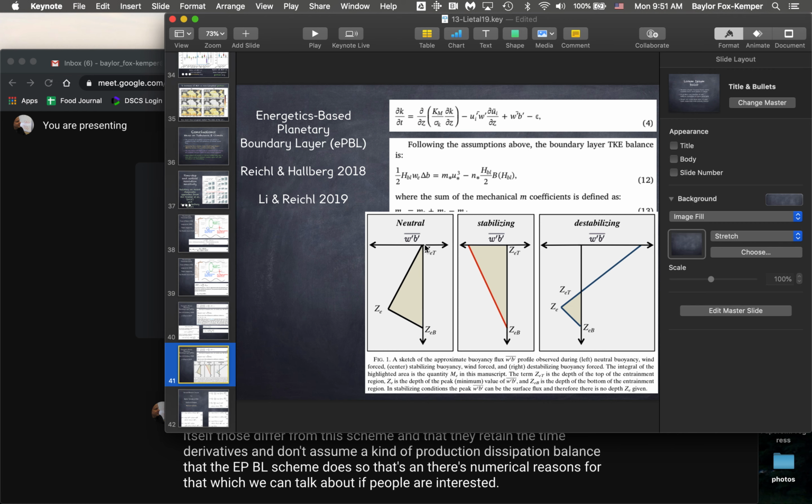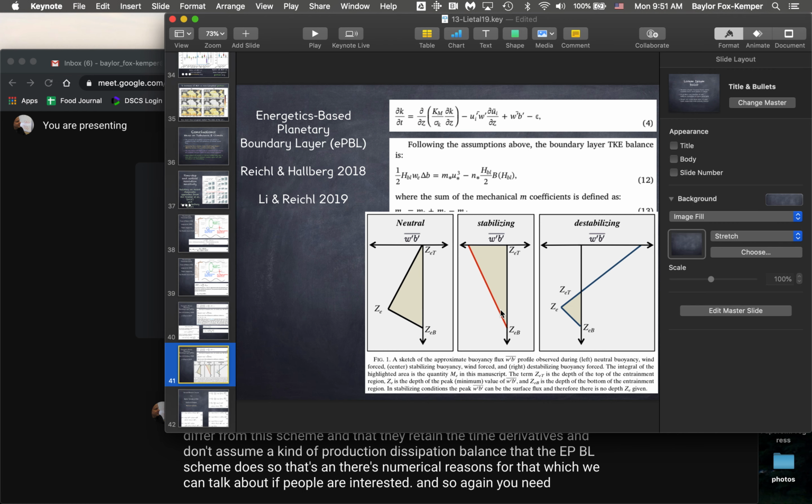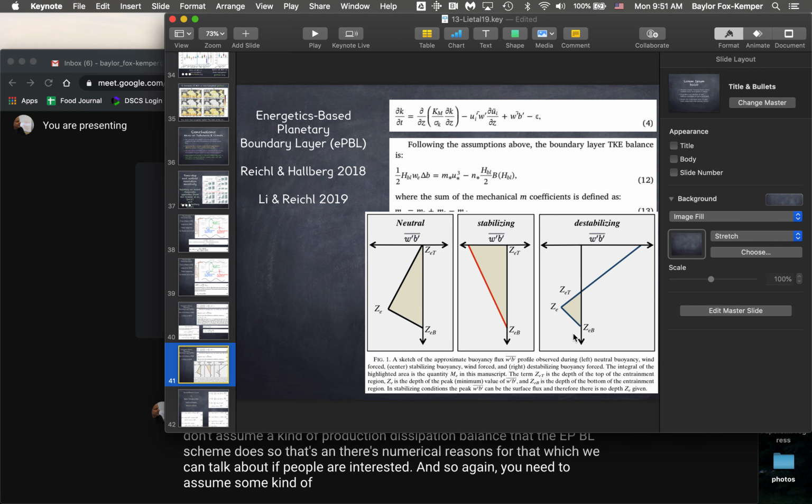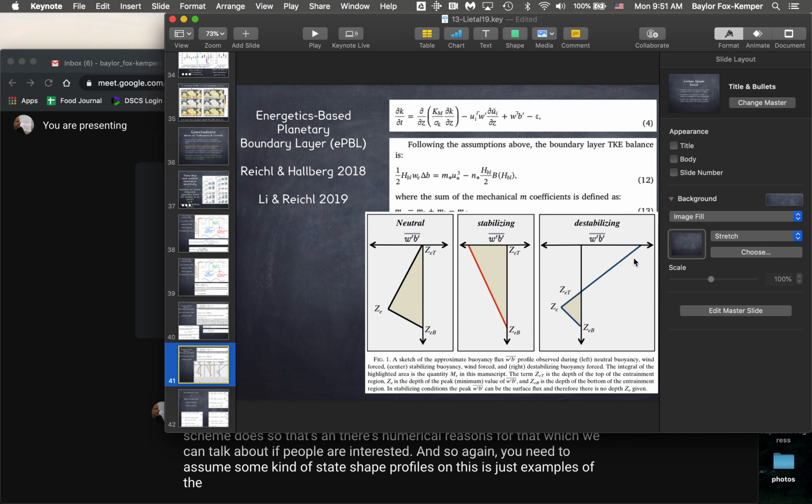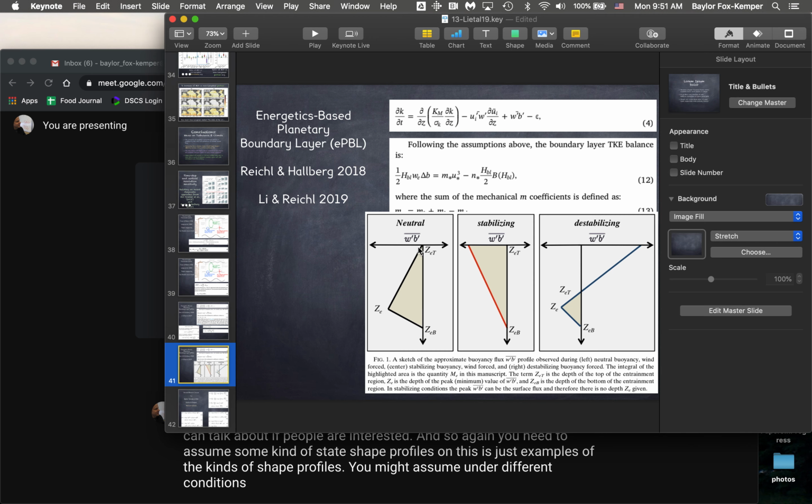And so again, you need to assume some kind of shape profiles, and these are just examples of the kinds of shape profiles you might assume under different conditions for the buoyancy production.